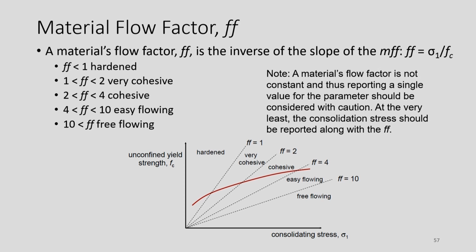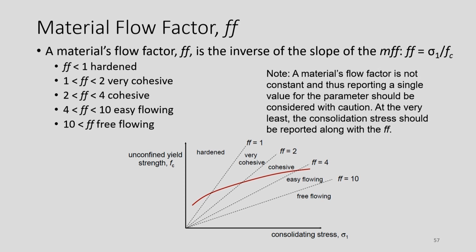Y over x. Here it's the inverse of the slope, so that's x over y. Based on that flow factor, you can classify the powders. Usually if it's around 1, it's a very hardened powder, but if the flow factor is high, then it's free flowing, meaning the powder can flow freely in any type of bin.